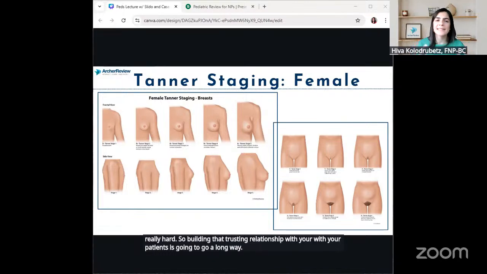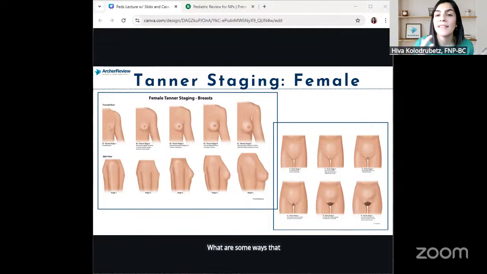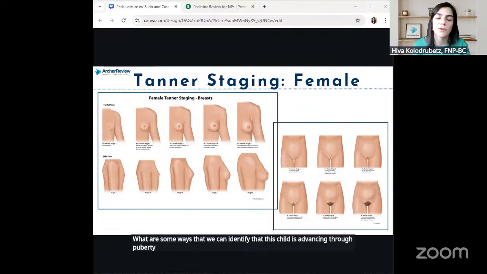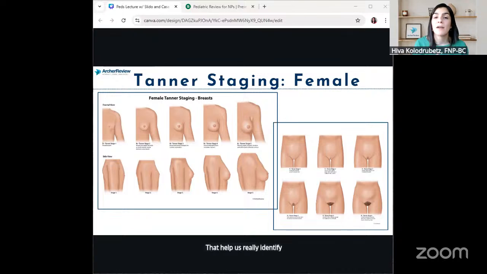What are some ways that we can identify that this child is advancing through puberty at the normal interval? We have these beautiful Tanner stages that help us identify if our kiddos are meeting this milestone, right? In our females, we look at the breast development as well as the pubic hair and the stages of pubic hair development. We have stages 1 through 5.